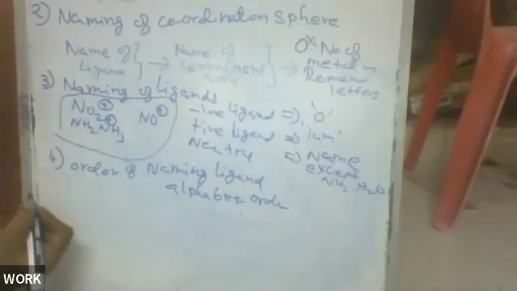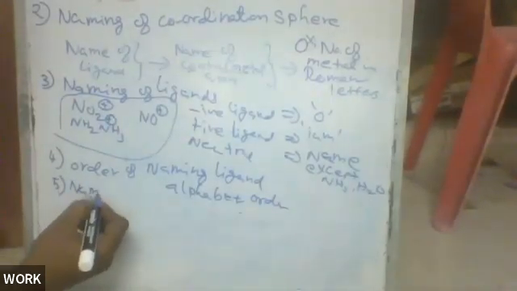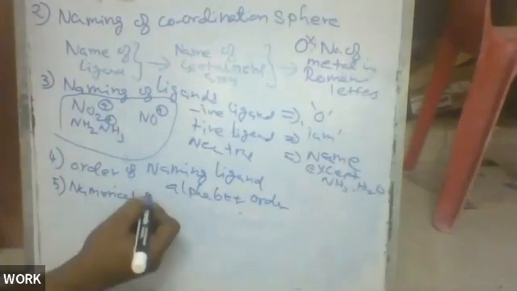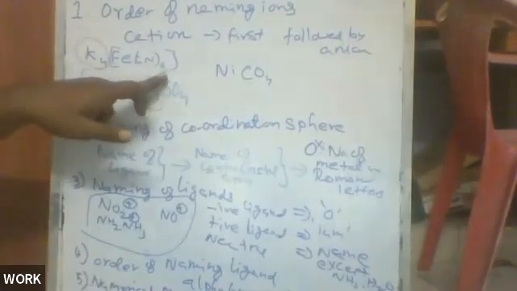The fifth one is the numerical prefix, to indicate the number of ligands. For example, here cyanide is the ligand and it has 6 numbers, so we indicate 6 and say hexacyano.